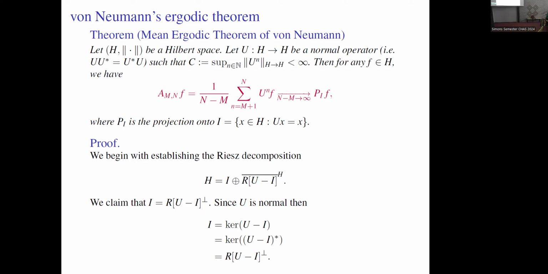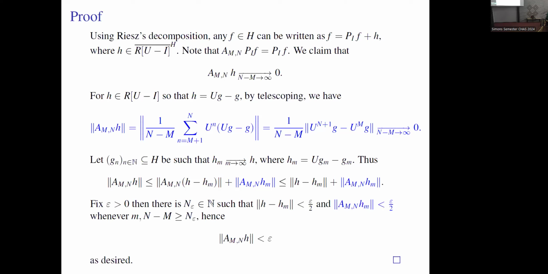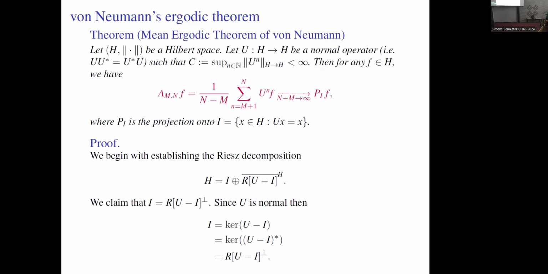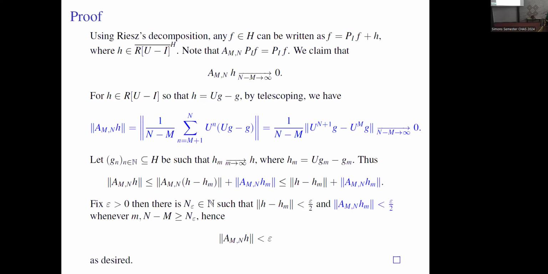And so once we have this identity, the proof of this convergence is fairly trivial, because this is what we do. We use the Riesz decomposition, and it suffices to verify this convergence on a function that lives here and a function that lives here, or in fact in the closure of the image of U minus 1, but then by density it can be deduced for all H.